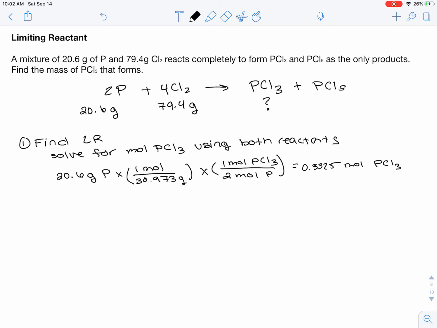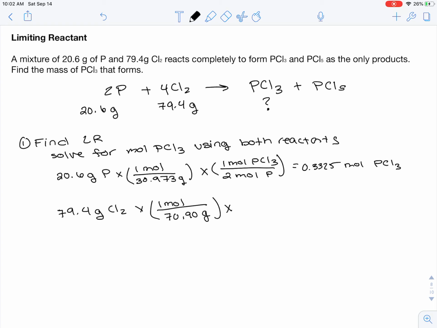Then I do the same thing for chlorine. 79.4 grams of chlorine times the molar mass. I have 2 chlorine, so I have to multiply the molar mass of chlorine by 2. 35.45 times 2 gives me 70.90 grams.